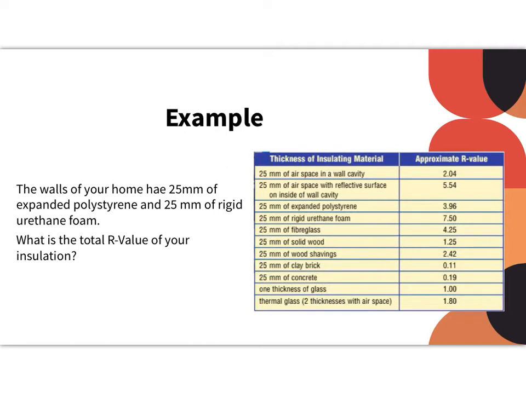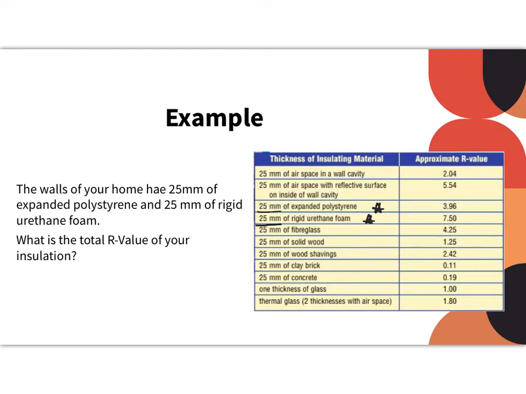Okay, so the walls of your home have 25 millimeters of expanded polystyrene and 25 millimeters of rigid urethane foam. What is the total R value of your insulation?